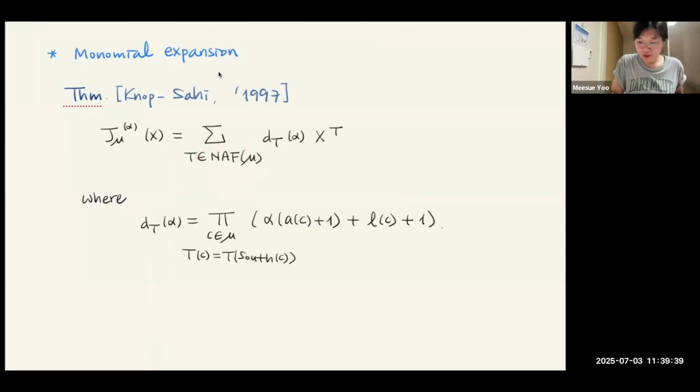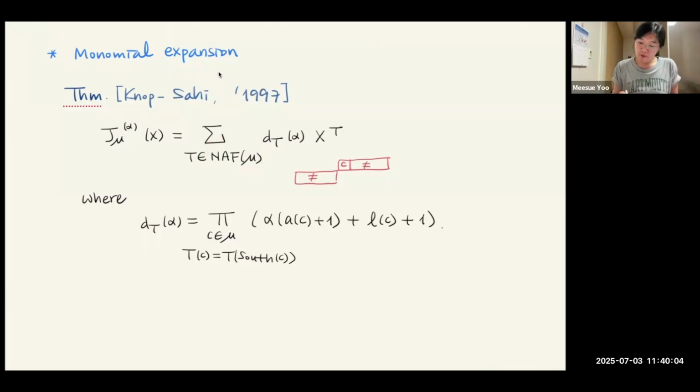The non-attacking filling means you fill the cells with numbers so that if your cell c is here, then you don't put the same number to the right of c, and also below c to the left, in the row below. So that's what non-attacking filling means.